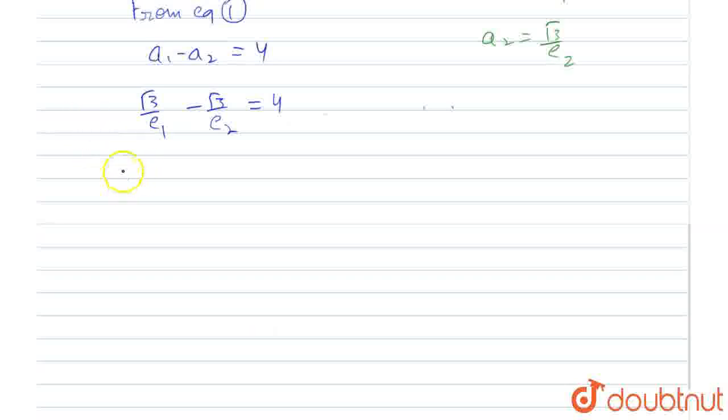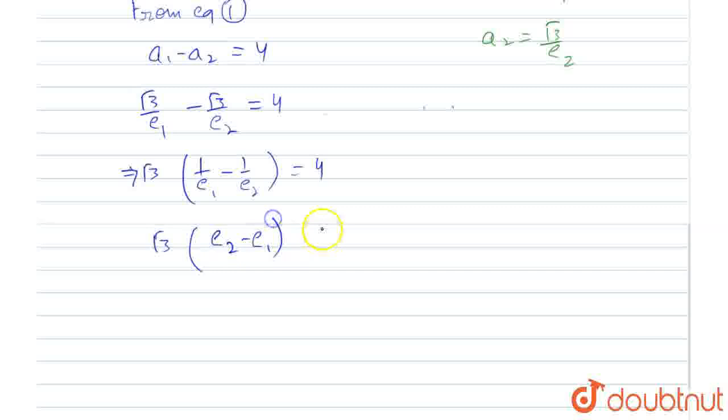Taking root 3 common and the LCM, E2 minus E1 is equal to 4 E1 E2. As we know E1 upon E2 is equal to 3/7, we just have to substitute this value.